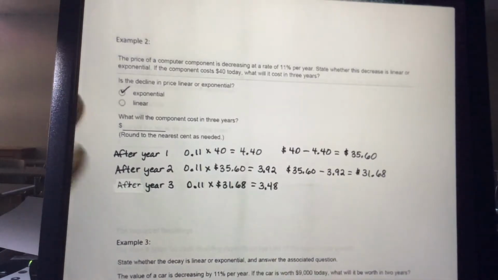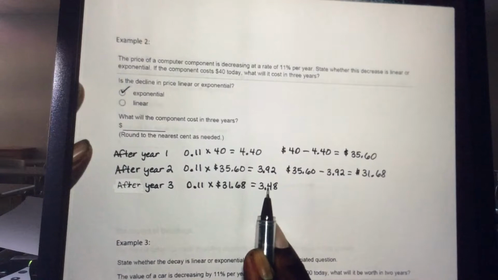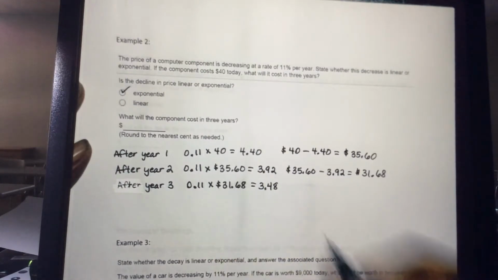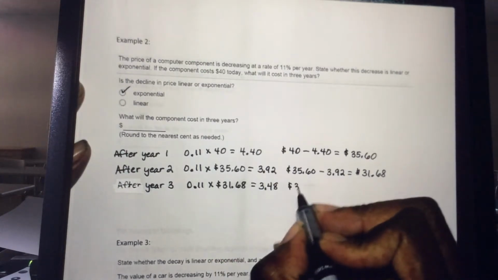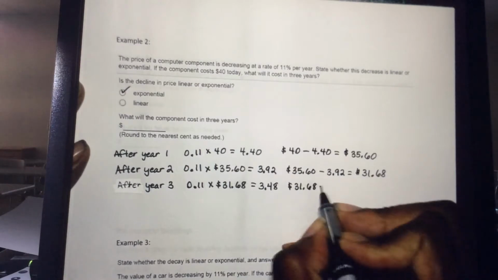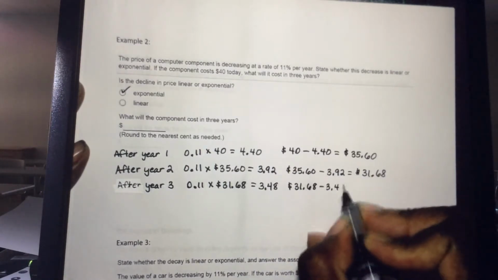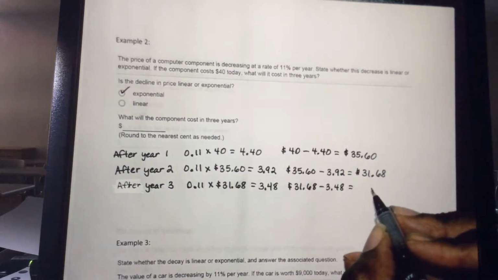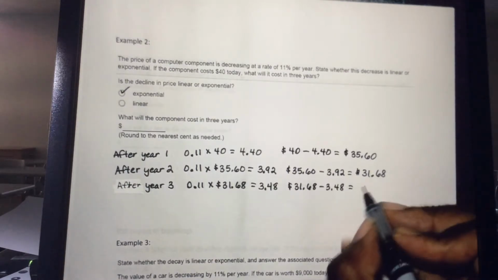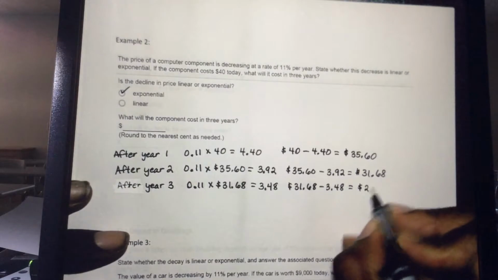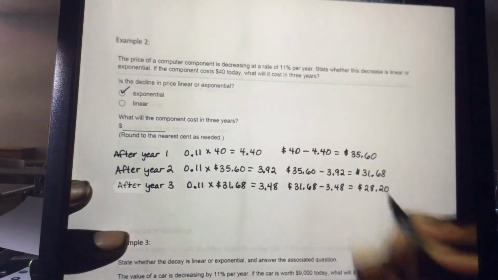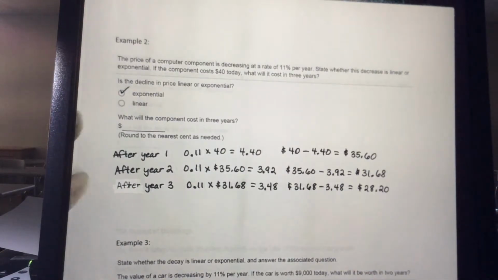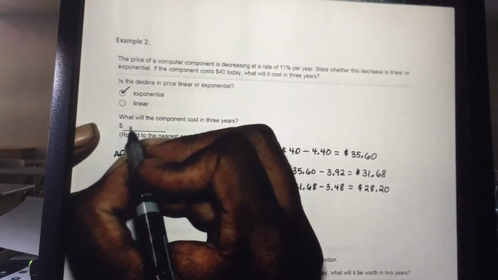That's the amount of the decrease after the third year. Now we're going to subtract that $3.48 from the $31.68, and you'll end up with $28.20. That amount will be the cost of a component in 3 years.